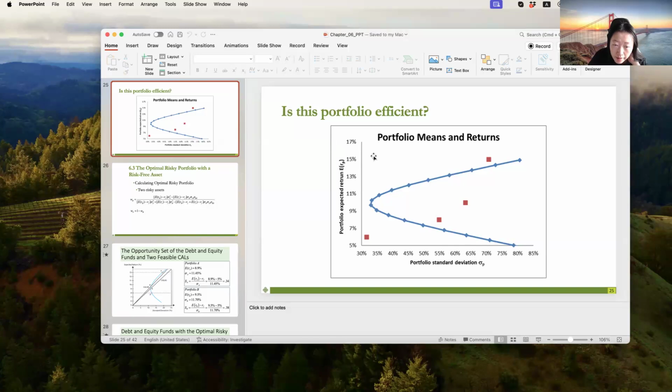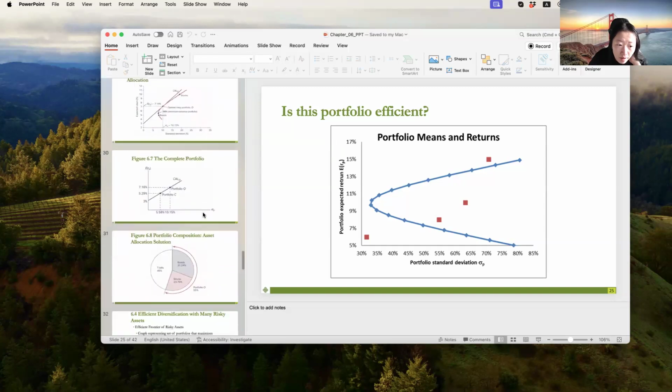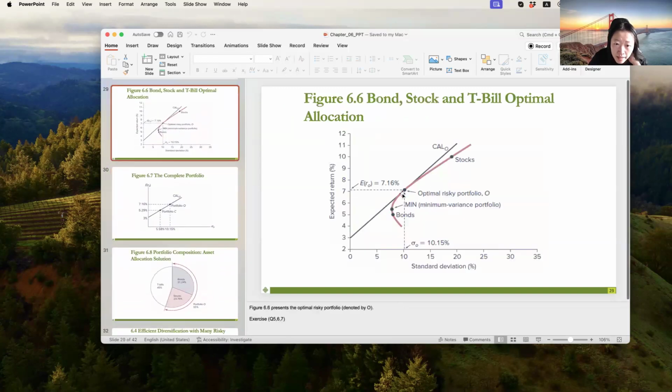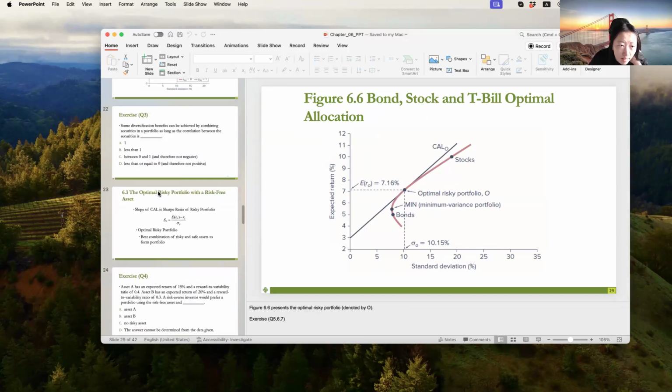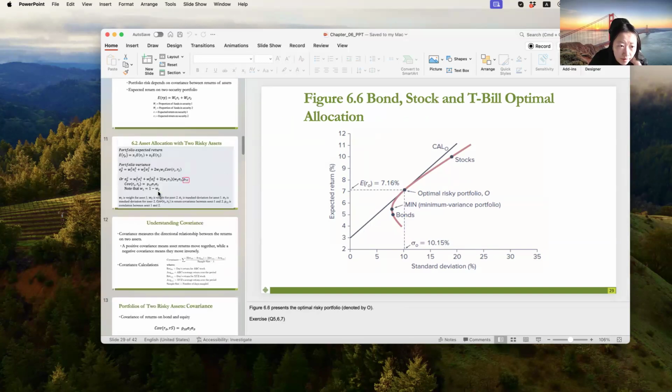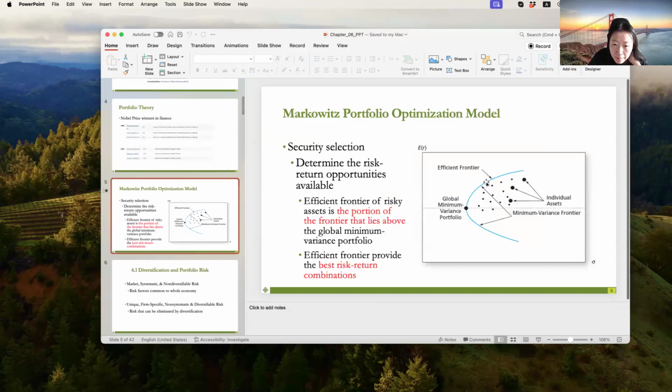But given the individual assets that are available to us to invest, there is a limitation on the maximum that we can optimize the portfolio. There is another graph. So the best we can optimize is towards this direction, on this curve, which we call the efficient frontier. Now, any portfolio that is in the inner area of this frontier is not efficient.